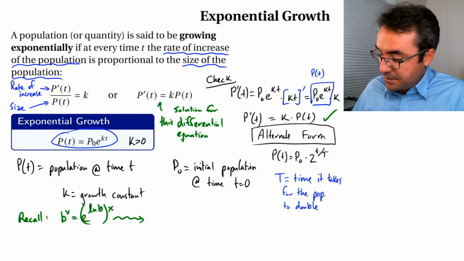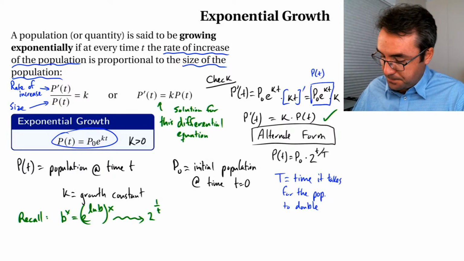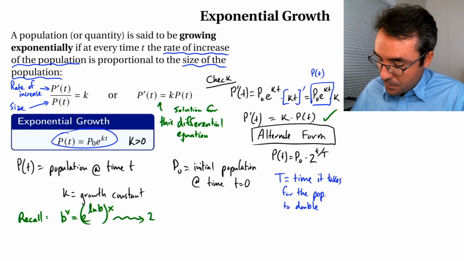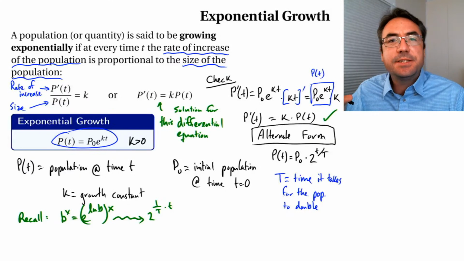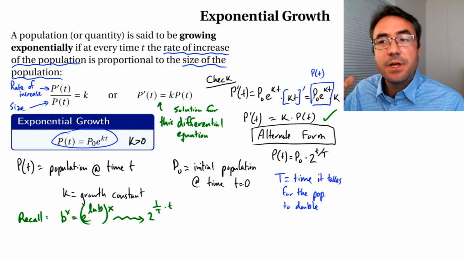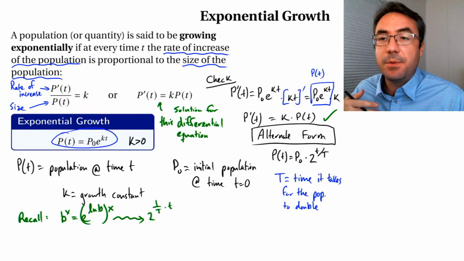So if we look at this 2 raised to the power 1 over capital T times lowercase t. So lowercase t is our variable, it's our time variable. Capital T is going to be a number, it's the time it takes for the population to double.